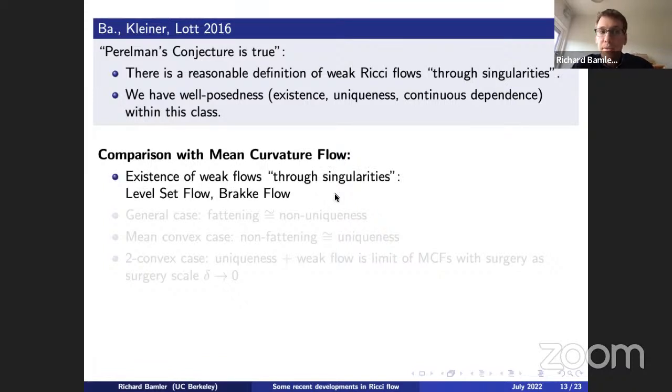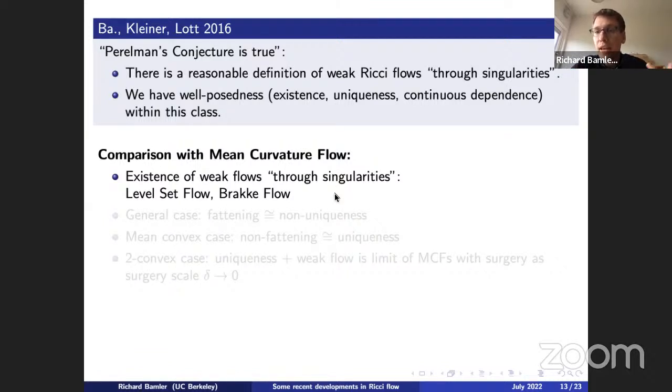So we could ask, is Perelman's conjecture true for mean curvature flow? First of all, we could ask, are there weak flows through singularities? And the answer is a clear yes. There have been known for a long time two flows called the level set flow and the Brakke flow that somehow flow through singularities on their own. And they can be defined because this is an embedded flow.